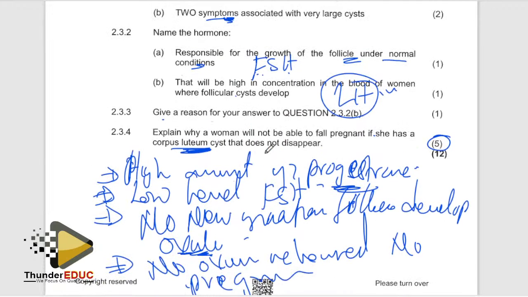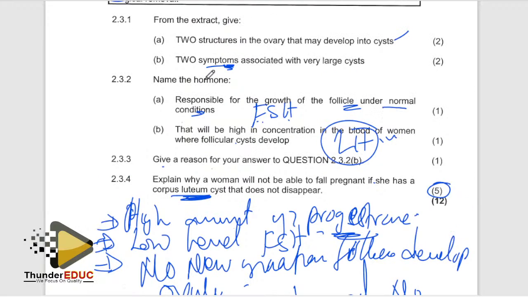Why are you talking about estrogen? Name the hormone that will be high in concentration in the blood of a woman where the follicle cyst... I don't know why you have a confusion there.